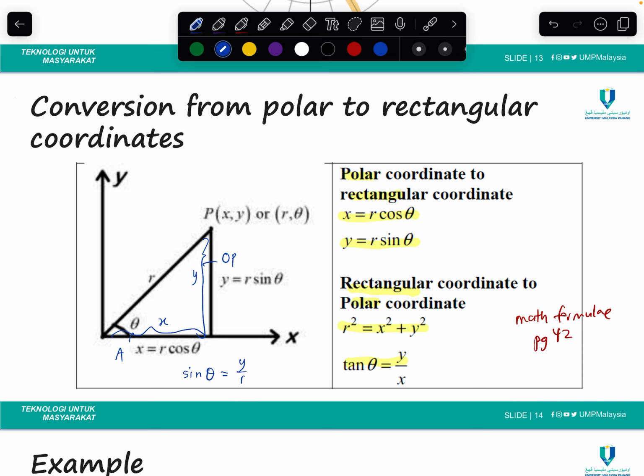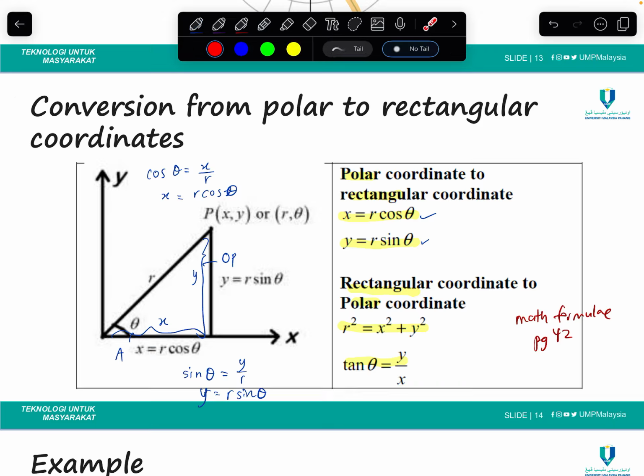Here you can rearrange so that y equal to r sin theta. For the same triangle, cos theta is CAH, so it is x over r. When you rearrange, you will get x equal to r cos theta.